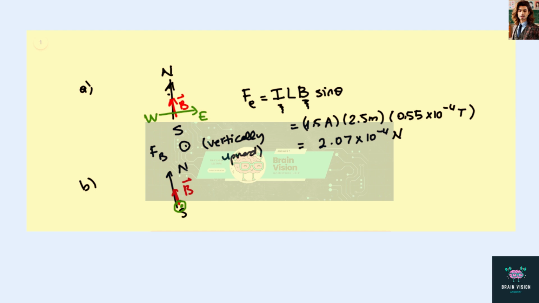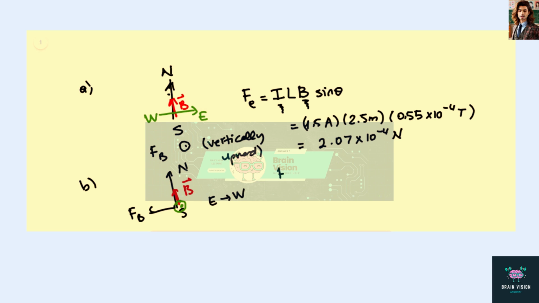Let's see from the right-hand rule what the direction of the force exerted on the wire is. Your thumb is along the direction of the current, the rest of your fingers are along the direction of the external B field. When you curve your fingers 90 degrees, you find out that F sub B is going to go from east to west, actually. So east to west, to the left.